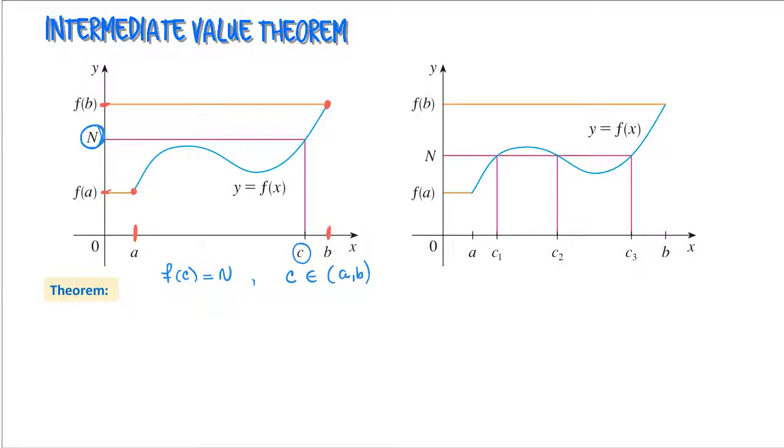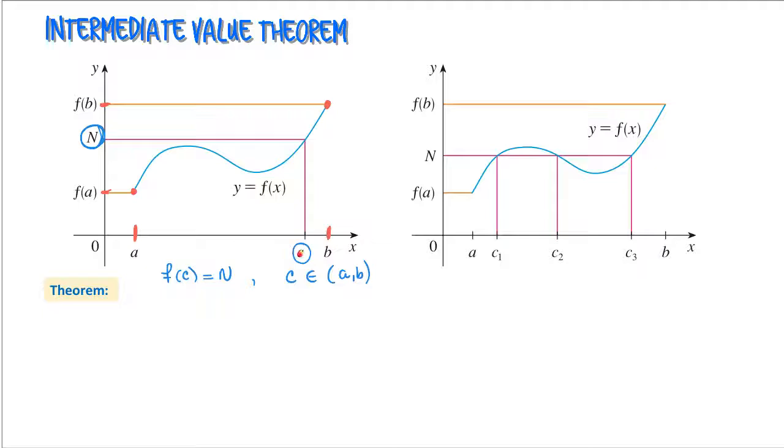So again, if we pick a y value between f of a and f of b, we're calling it n. Then n is going to come from a c, and this c is going to be between a and b.